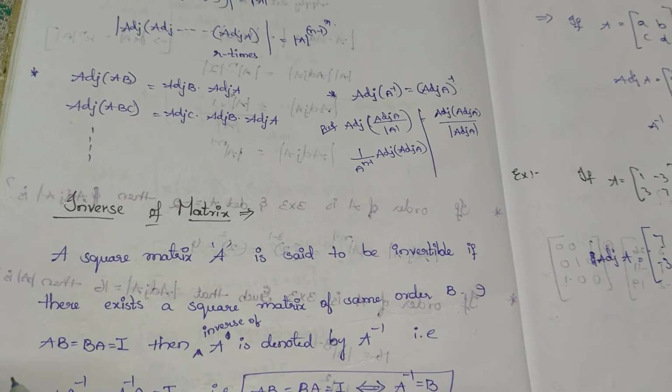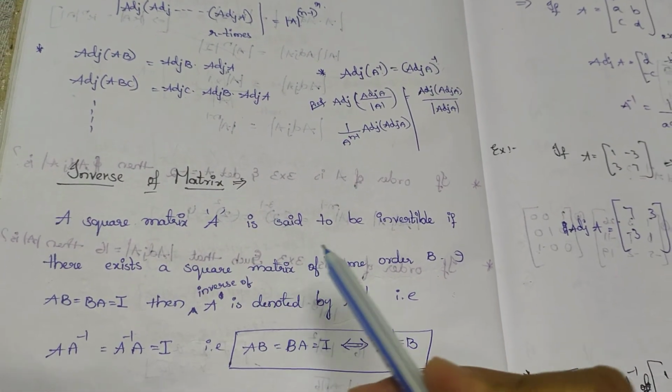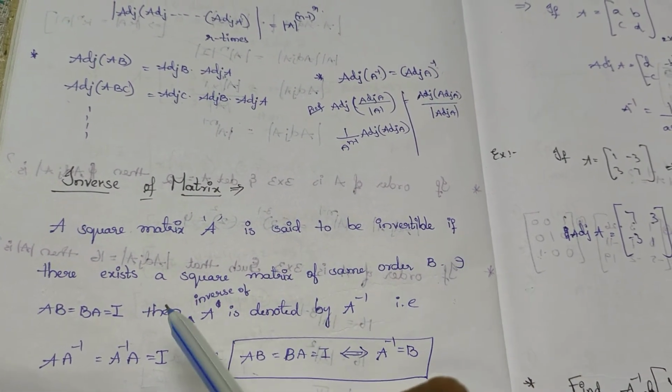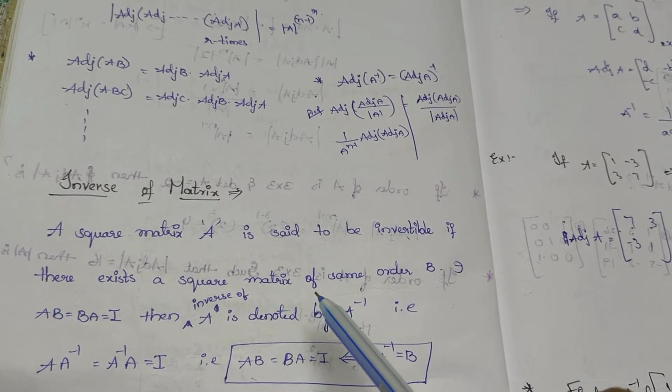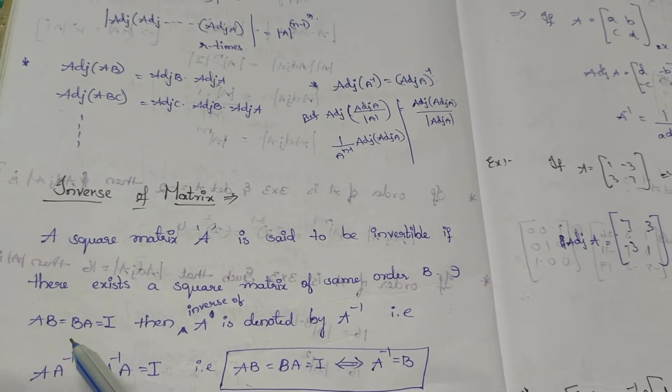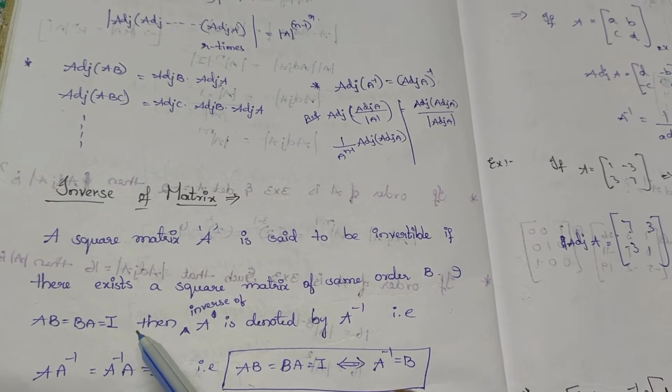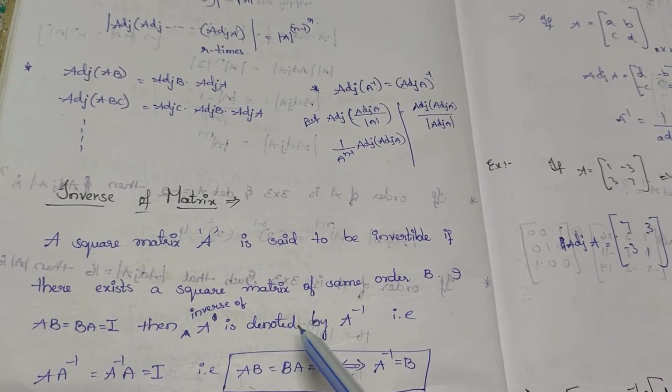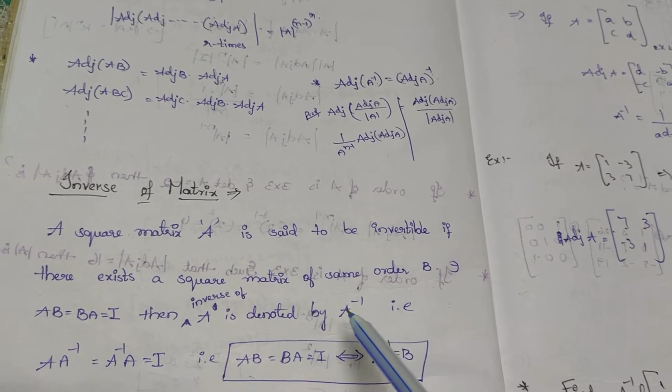Inverse of a matrix. A square matrix A is said to be invertible if there exists a square matrix B of the same order such that AB is equal to BA is equal to I, then the inverse of A is denoted by A inverse.